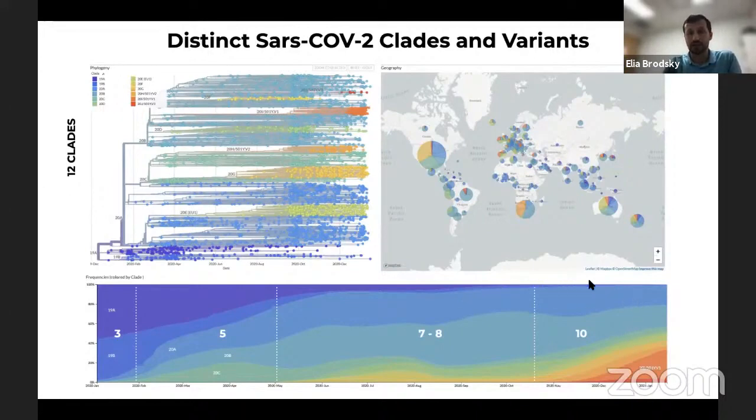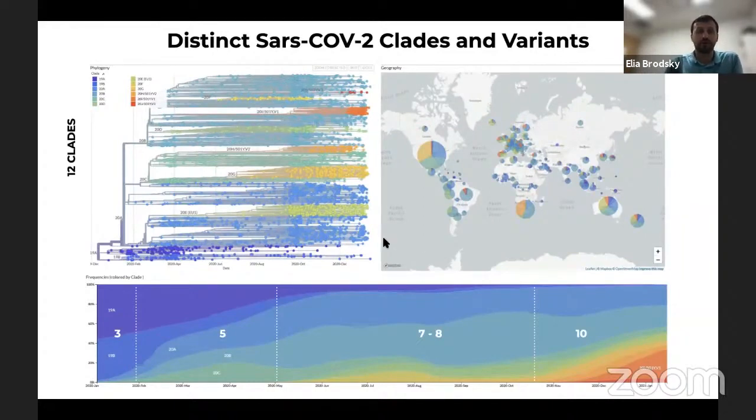So you can see that some are completely going to disappear over time, some are going to emerge and become completely new. And so over time, the dynamic of emergence and reappearance of some of these variants is called phylodynamics. So this is a phylodynamic view of this SARS-CoV-2 phylogeny.